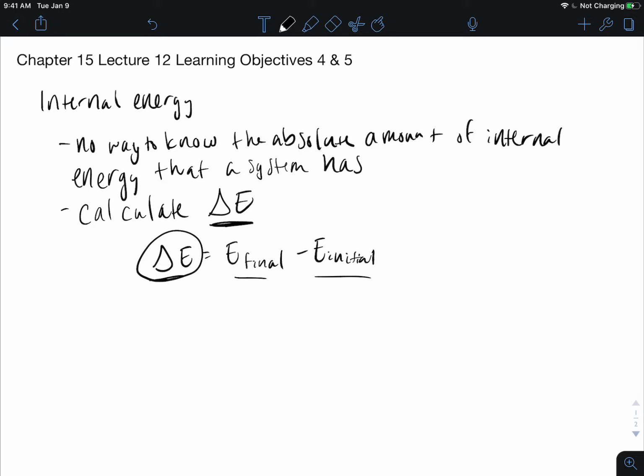So we would say that internal energy is a state function.